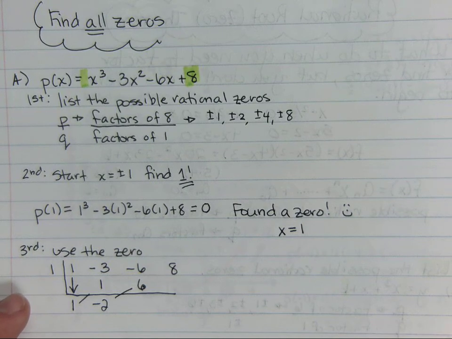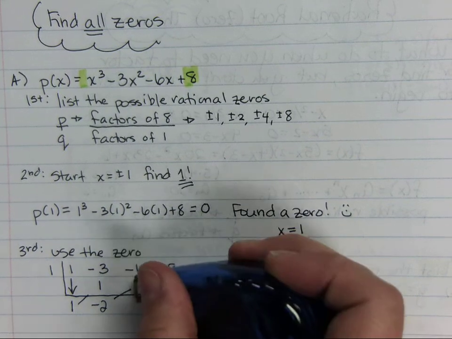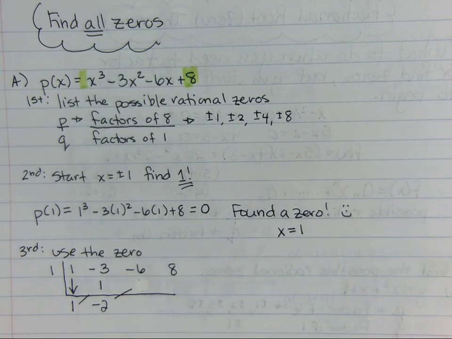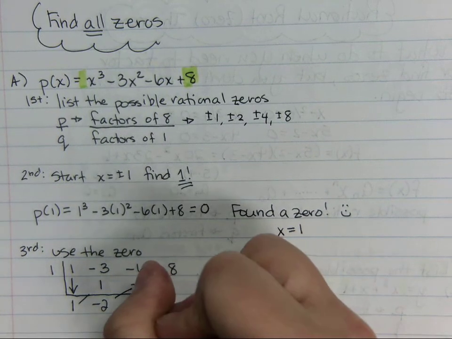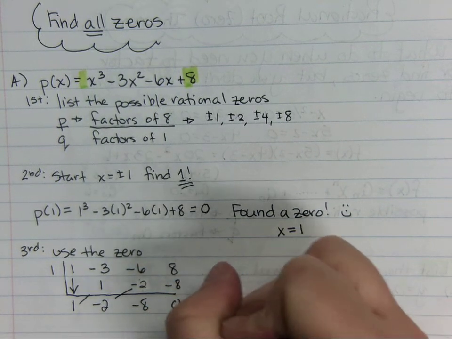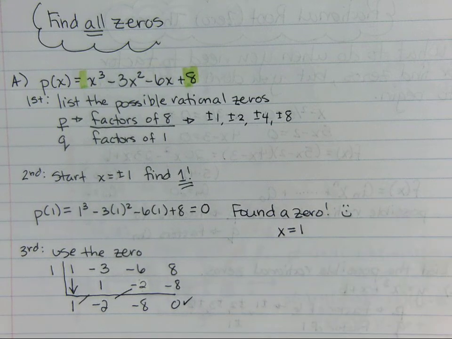Hold on. It's minus 2, not 6. I put 6 right here. It's just a minus 2. That's all. Yeah, I mean, it has to work out because I already found it, so I know it has to work. I just did my multiplying wrong.